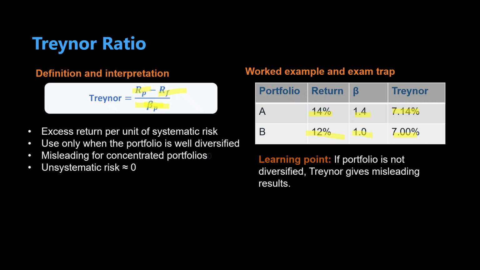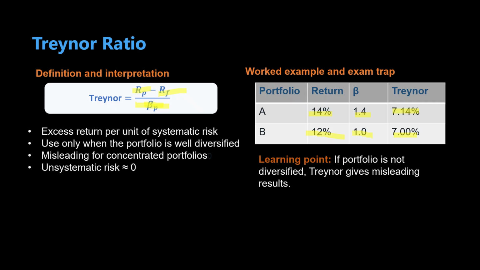Here is the critical exam trap. The Treynor ratio is only valid for well-diversified portfolios, portfolios where unsystematic or idiosyncratic risk has been essentially eliminated through diversification. Why? Because beta only captures market risk.